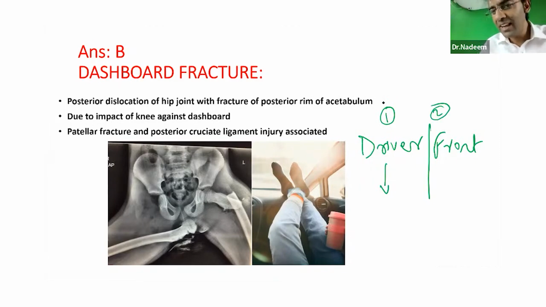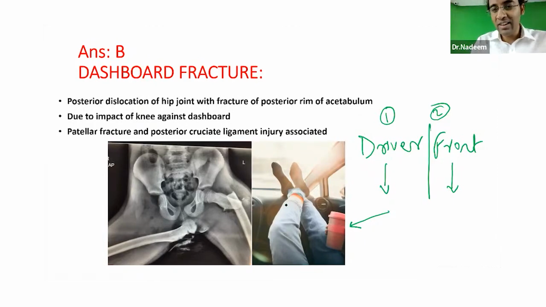In the case of the driver, yes, easy to understand, because he will be having accelerator, brake and clutch. But what about your front seat passenger? Dashboard injury. He or she was enjoying the ride, right? So what is happening here? Whenever there is sudden deceleration, sudden stoppage of the car, dashboard fracture.